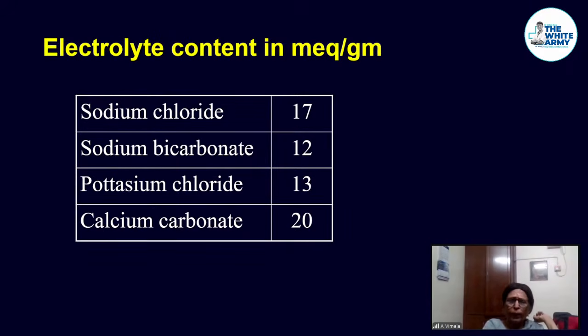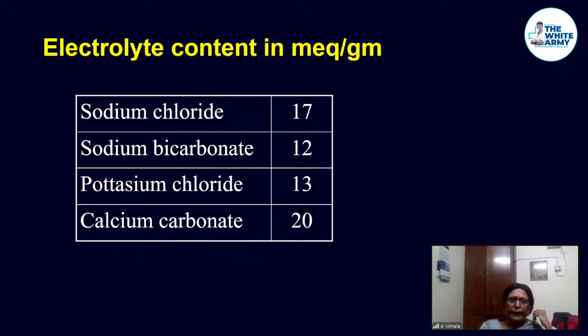So if you want to give oral, we should have an idea of the electrolyte content. 1 gram of sodium chloride, that is common salt, contains 17 milliequivalents of sodium. 1 gram of sodium bicarbonate contains 12 milliequivalents of sodium. Similarly, 1 gram of potassium chloride contains 13.